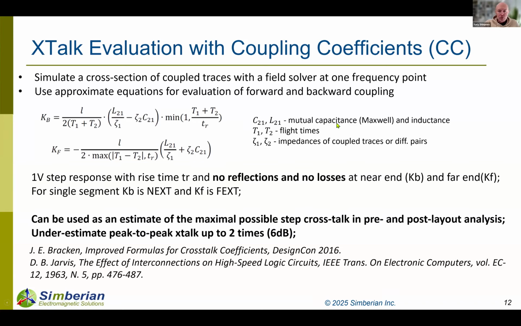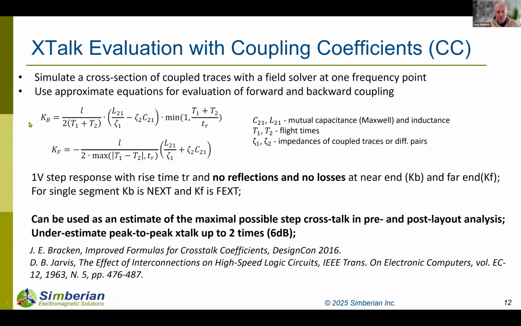So crosstalk evaluation with coupling coefficients. I put those 2 formulas from Eric Bracken's paper here. The original formula was from Jarvis's paper, but Eric Bracken's modification includes these maximal values here and basically shows you why crosstalk is near and crosstalk is this right here.